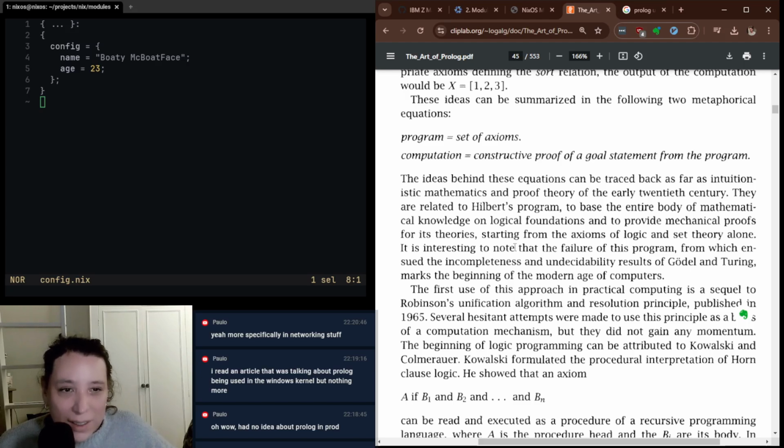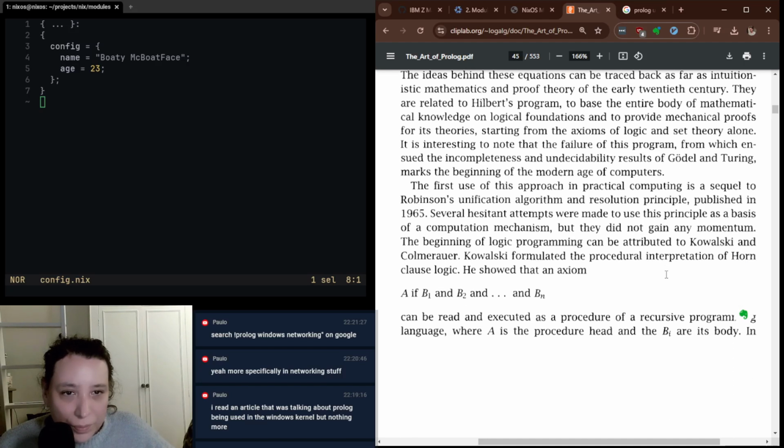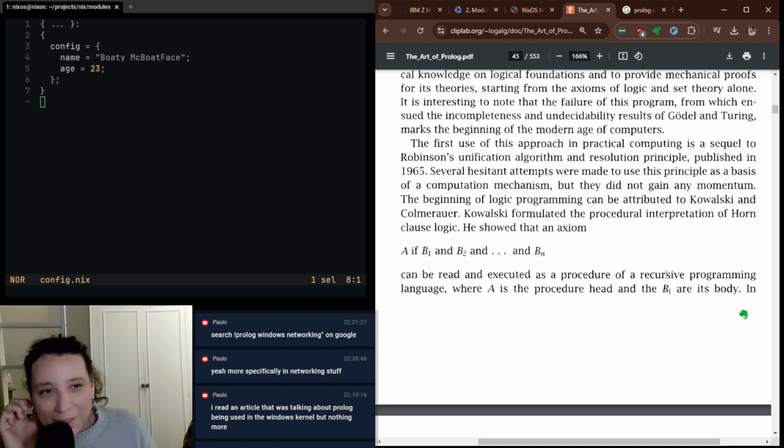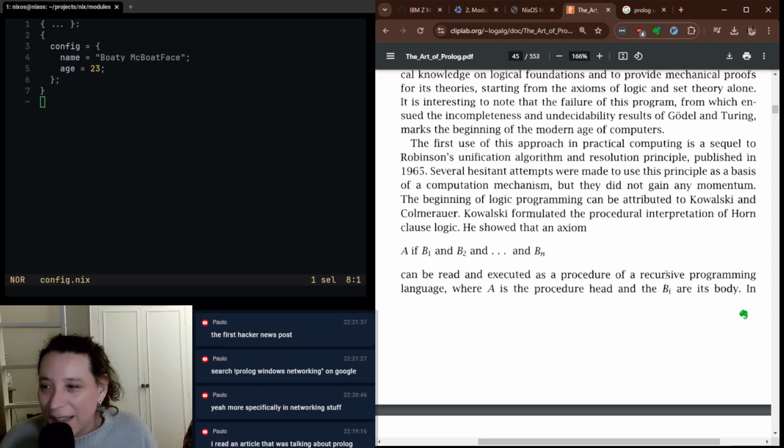It is interesting to note that the failure of this program, from which ensued the incompleteness and undecidability results of Gödel and Turing, marks the beginning of the modern age of computers. Wow, this is getting very much like science history and stuff like that.